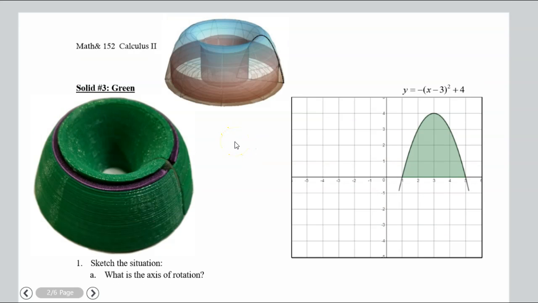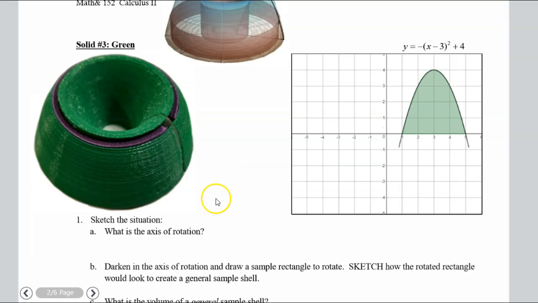First off, we're going to try to find the volume, and ask ourselves a few questions. First off, what is the axis of rotation? Just like the blue one in the disc and washer worksheet, the axis of rotation is going to be right here on the y-axis, running straight through the middle of this green object, through that hole.